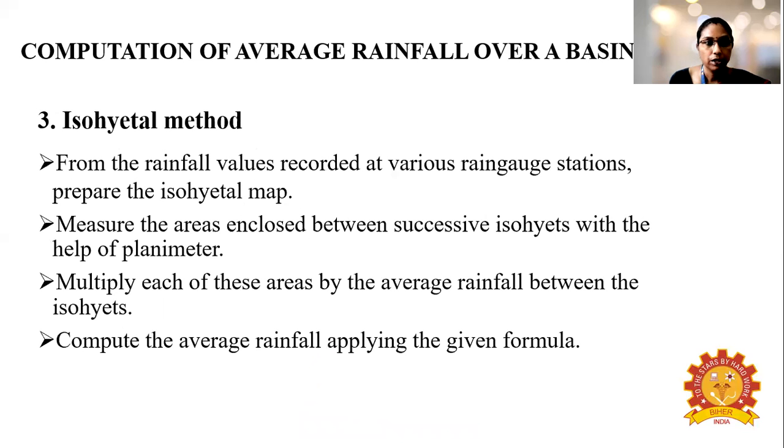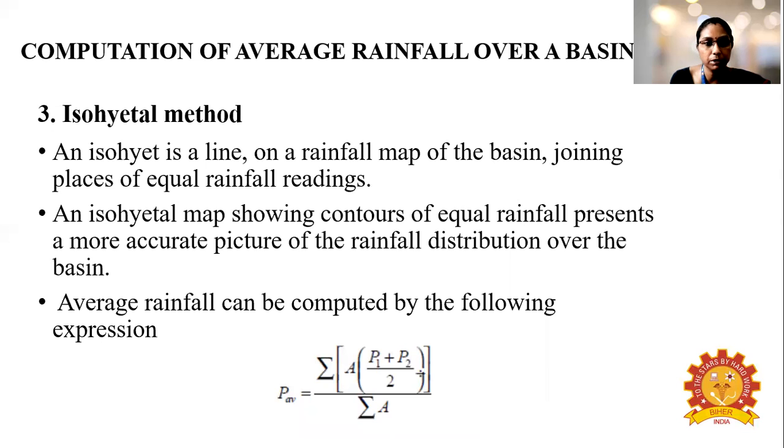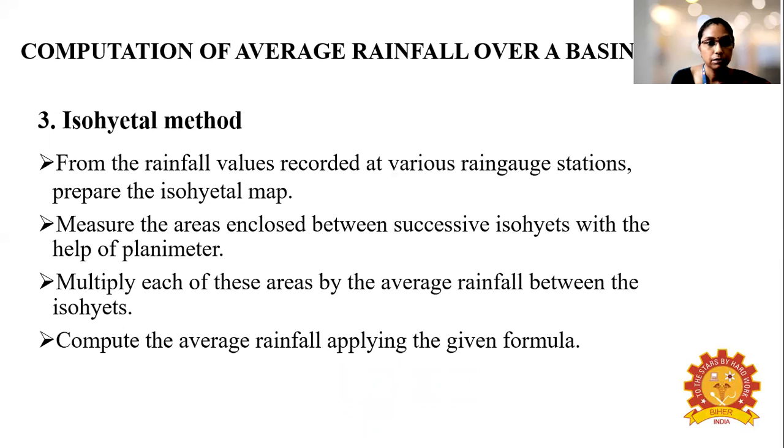So here in the isohyetal method, from the rainfall values recorded at various rain gauge stations, you have to prepare an isohyetal map. So an isohyetal map is the map which shows the contour lines having equal rainfall. So using the rainfall data, first you have to prepare the isohyetal map.